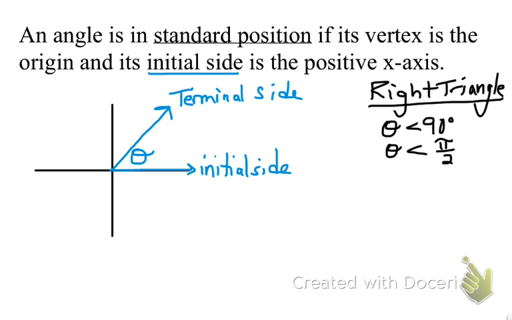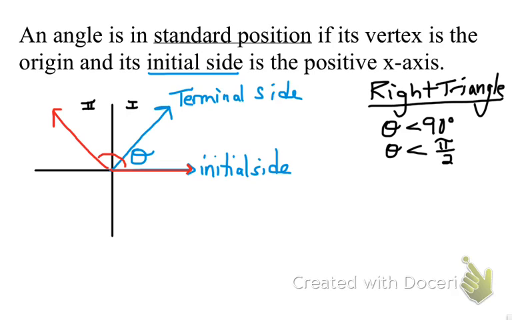But in the coordinate plane, if we think about the circular definition of these angles, those angles that are less than 90 degrees are just the angles in this first quadrant, that theta I drew earlier. But we can also extend angles into the second quadrant, and an angle that's in standard position that extends into the second quadrant might look like this. Here's the initial side, and here is the terminal side, and you've got an obtuse angle here that extends into the second quadrant. We never could have drawn that angle in the context of a right triangle.